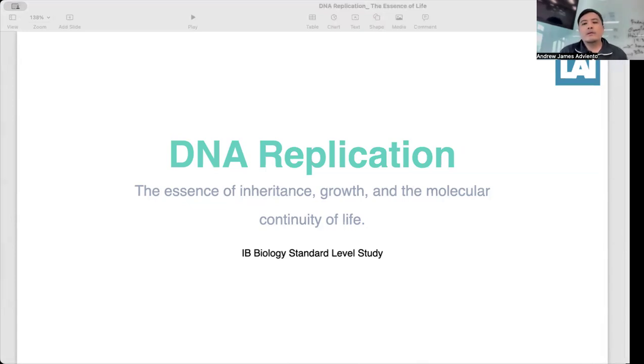Today we will be discussing something that is like the engine room and gene room of life, and that is DNA replication.